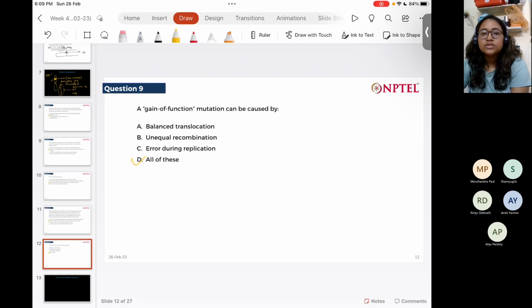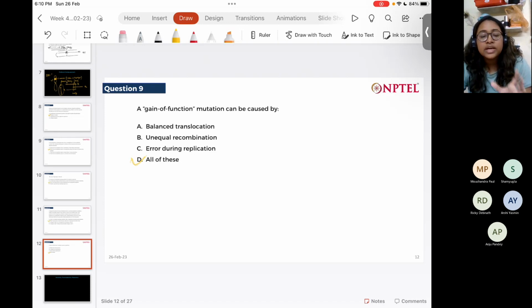Okay. So adding to what Ricky said, I would say that for any of these types of mutations that are given, the causes of mutation, you don't know which kind of gene it is affecting. So wherever that mutation has happened, whether it is translocation or recombination or incorporation of a particular error, the subsequent result of this mutation will decide whether it is a gain of function or loss of function mutation.